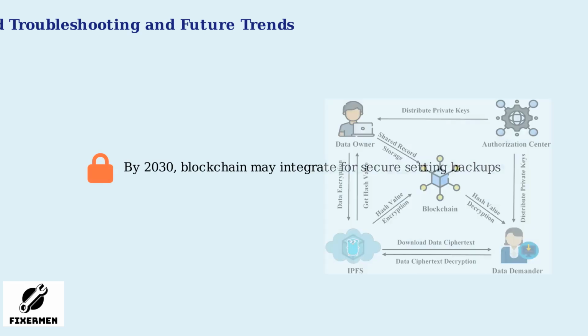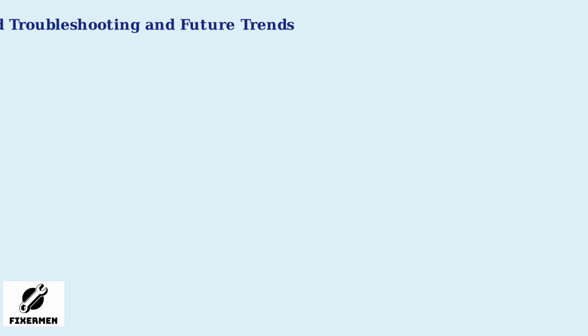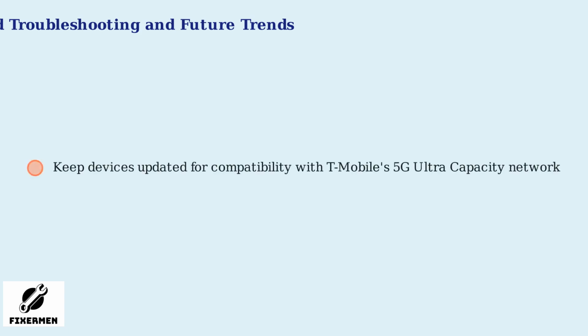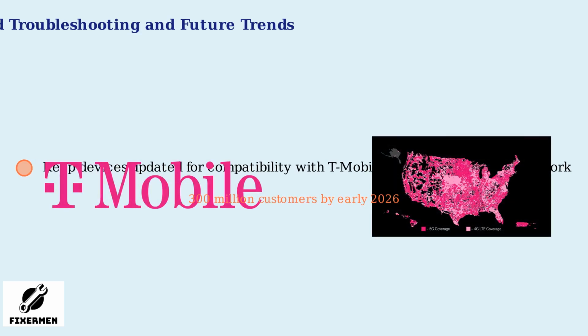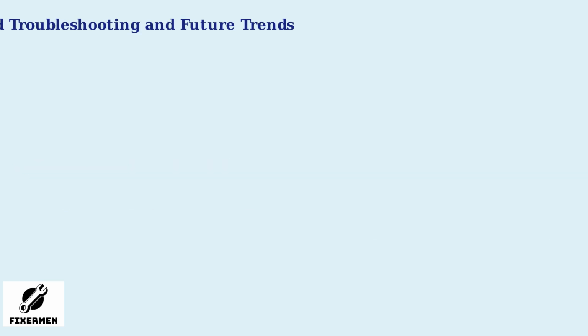Looking ahead to 2030, blockchain technology may be integrated for secure setting backups, reducing the need for manual resets through proactive firmware updates. Remember to keep your devices updated to ensure compatibility with T-Mobile's expanding 5G ultra-capacity network, which reached 300 million customers by early 2026.